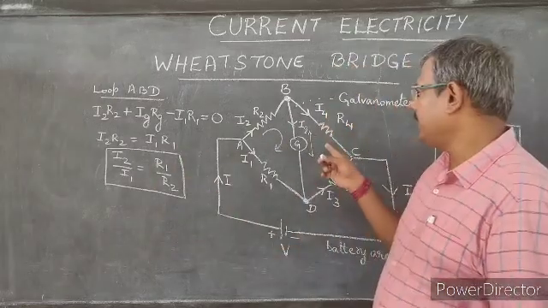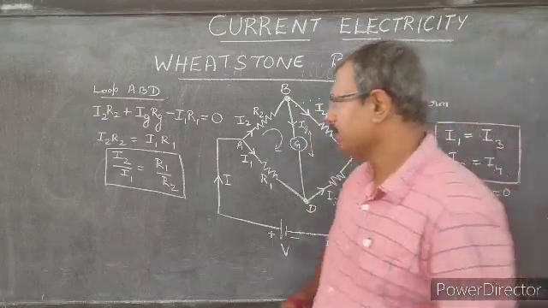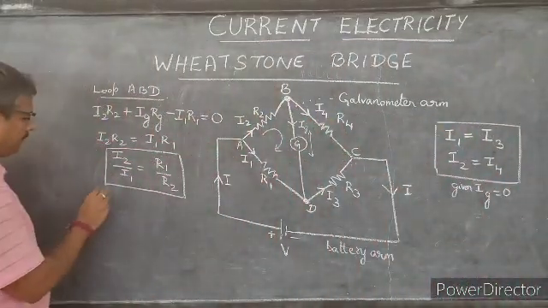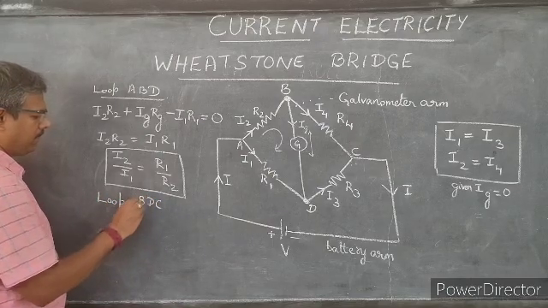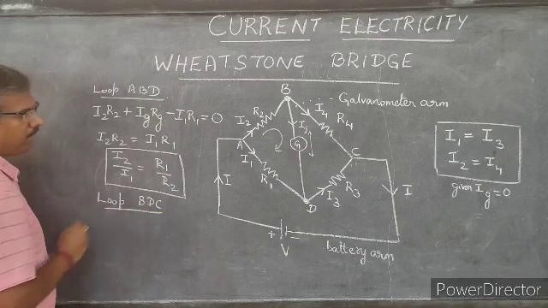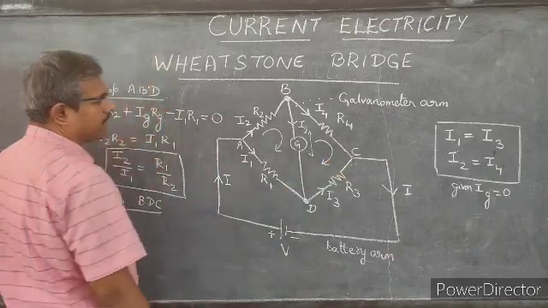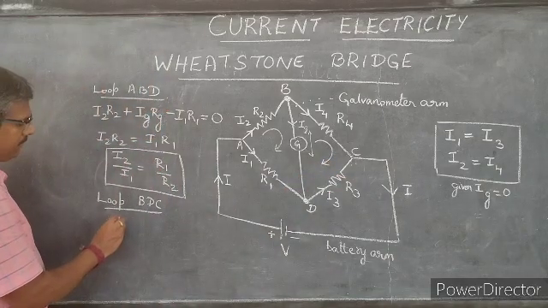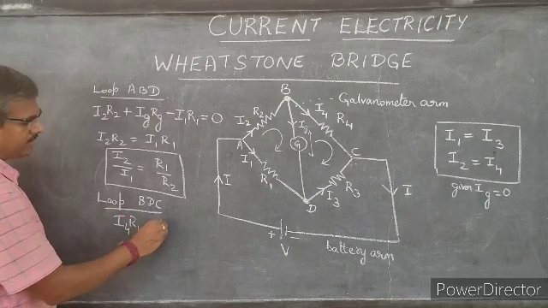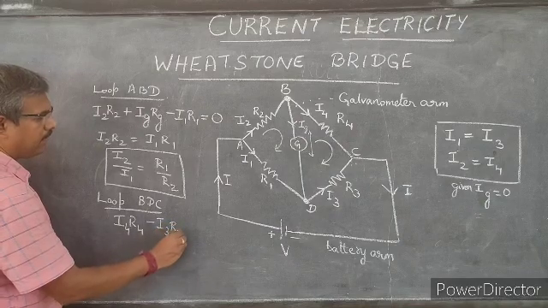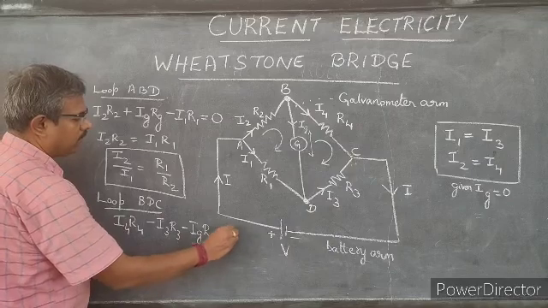Similarly, now let's apply the loop law to the second loop, which is B, D and C. So again, I take this to be the direction. So I get I4 R4 minus I3 R3 minus Ig Rg equal to 0.